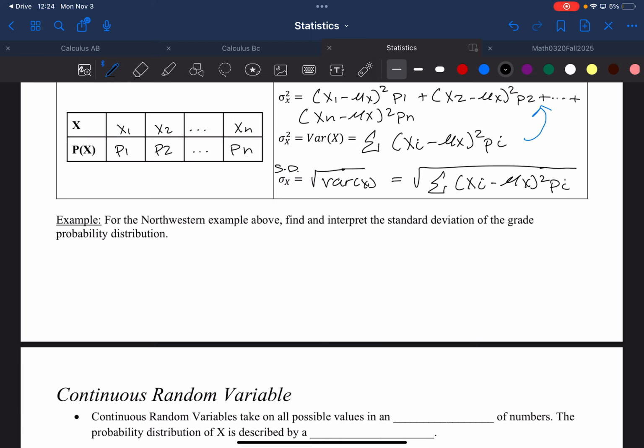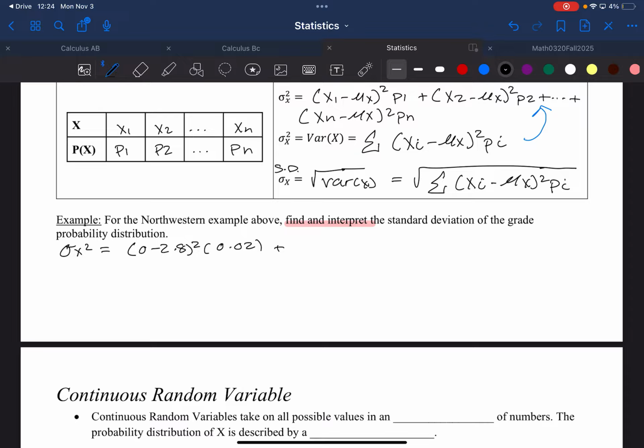So if we go back and use that same Northwestern example above, it says find and interpret the standard deviation of the grade probability distribution. So we're going to use our same values from the table above, and we're first going to find sigma x squared, variance, right? So for variance, we start with x equals 0. So we do 0 minus 2.8, which is our expected value, squared times the probability 0.02.